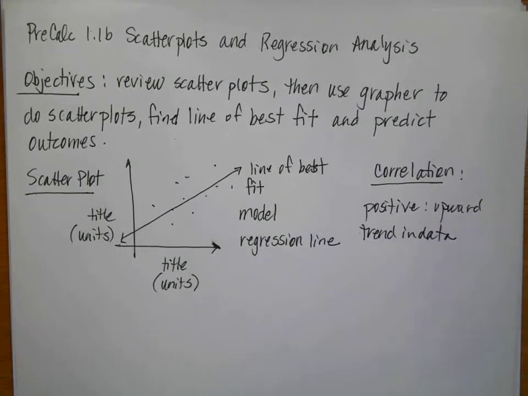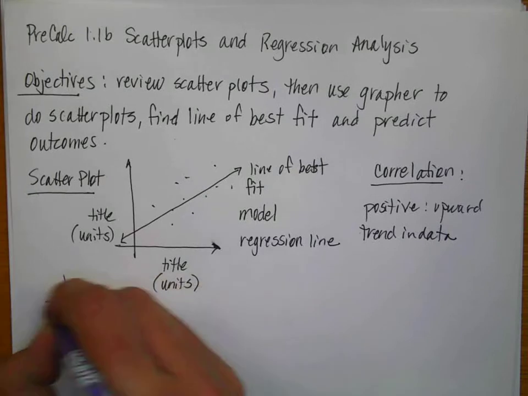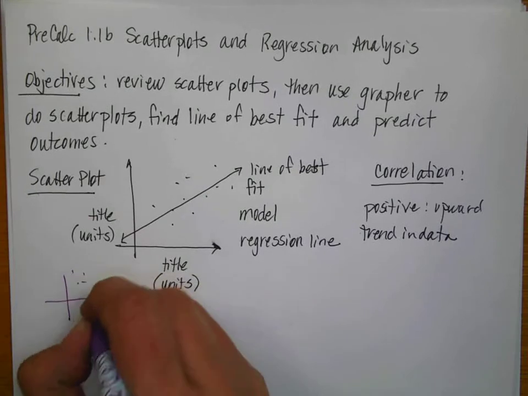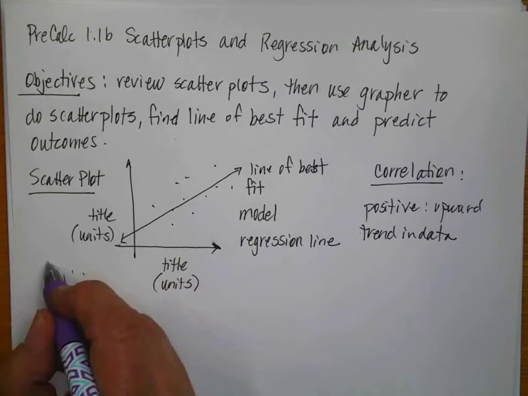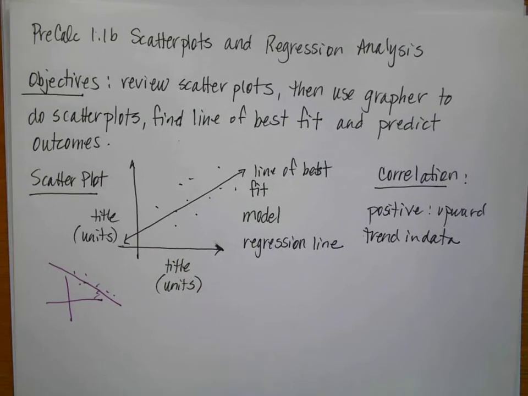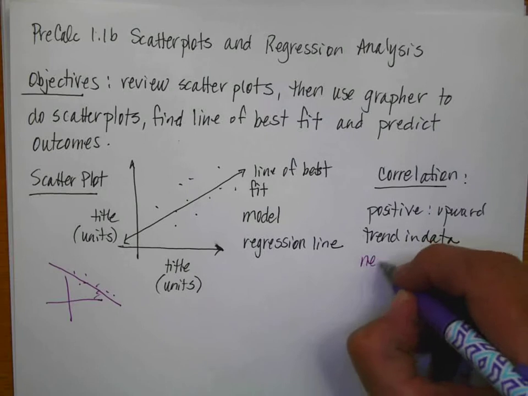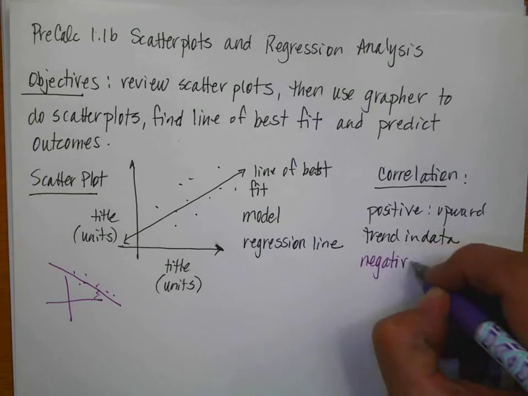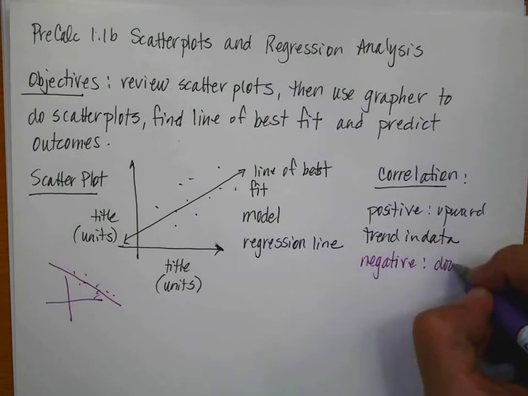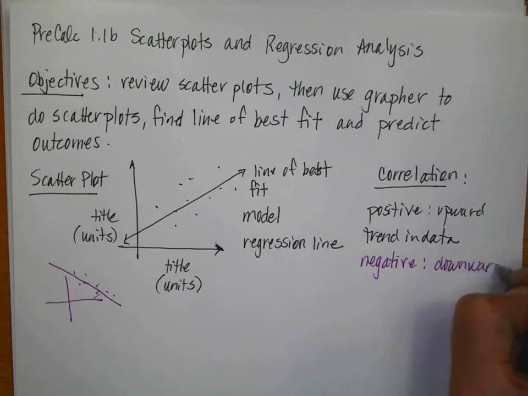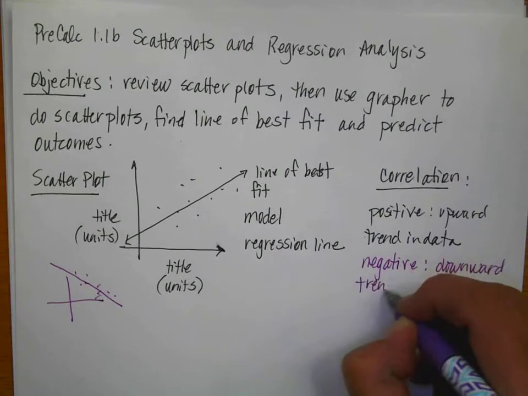Okay, and then if I had a negative correlation, if we sketch that little guy over here, maybe my data looks like that, and here is my line of regression. So a negative would be a downward trend in the data.